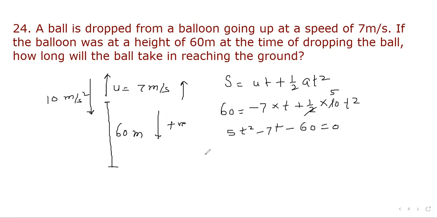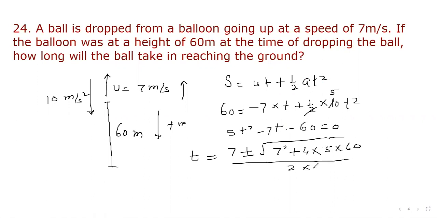We can use quadratic formula to get t. So 7 plus minus root of 7 square minus 4ac, 4 into 5 into minus 60, so this will become plus 1200, divided by 2 into 5. So this will become 7 plus minus root 1249 divided by 10.